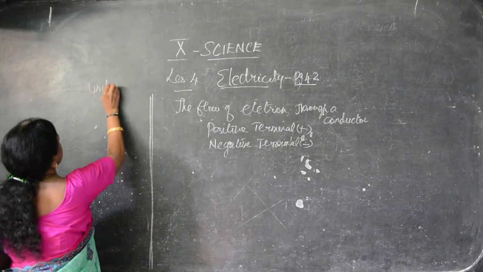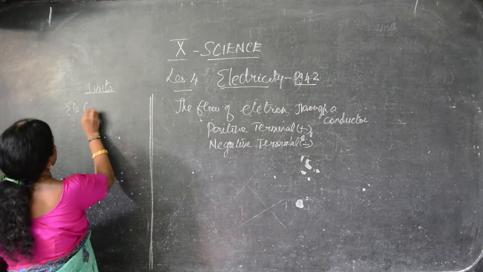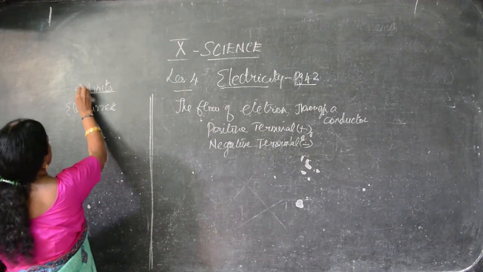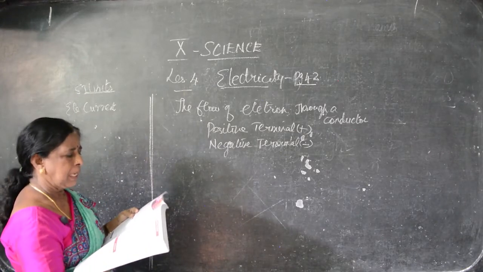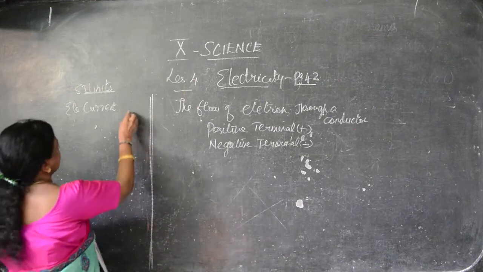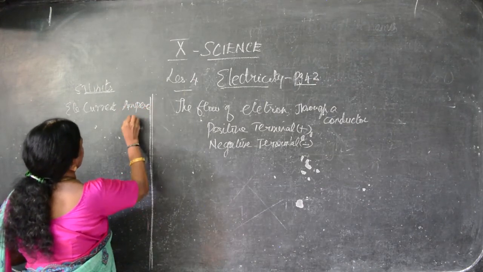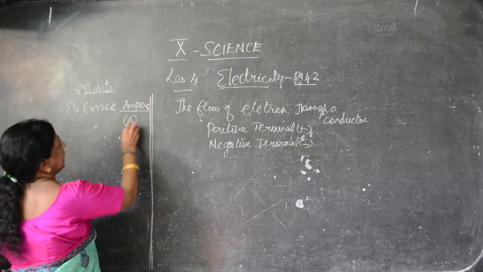Units, because it may be a 2 mark question for you. SI unit of electric current is ampere, A. Unit of electric current is ampere, A. Clear now?